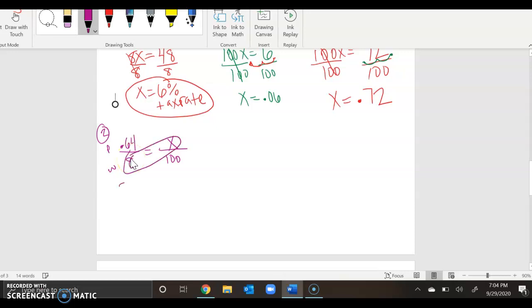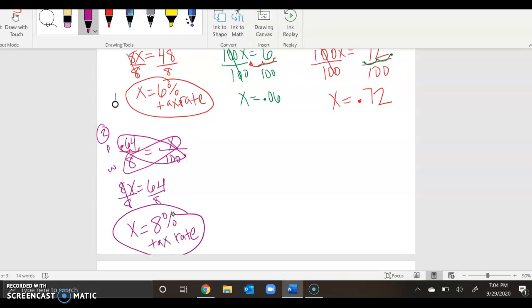Cross multiply 8x. 64 cents times 100. Again, we're just going to drag that decimal to the right this time because we're multiplying. So 8x equals 64. Divide both sides by 8. 8 times 8 is 64. So for city 2, we have an 8% tax rate.